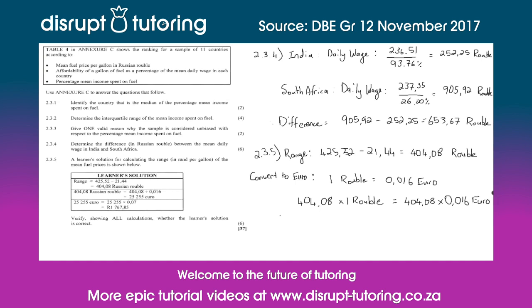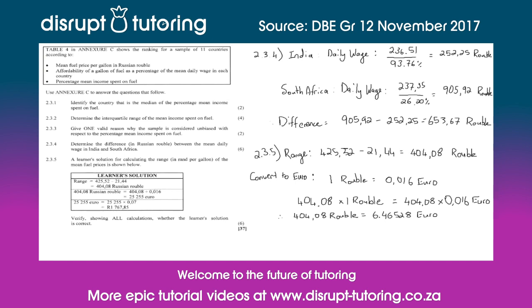So therefore, 404,08 times 1 is still that, but the ruble, so 404,08 ruble equals, so we do the right hand side of this equation on your calculator, and it equals 6,46528 euros.